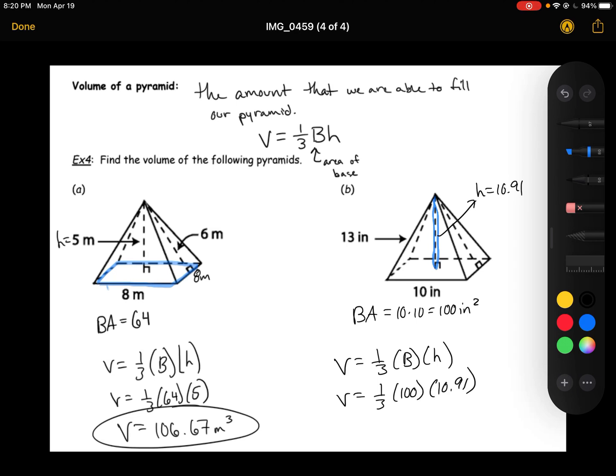So volume is still 1/3 base times height. In this case, 1/3 times 100 times our height of 10.91. So 100 times 10.91, and then times 1/3, or you can divide by 3. Again, same difference. Get 363.67 inches cubed is how much we can fit inside of our pyramid here.